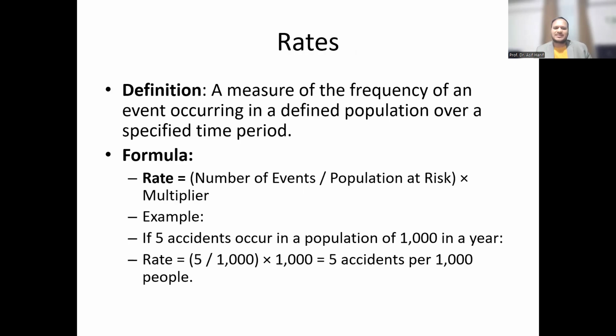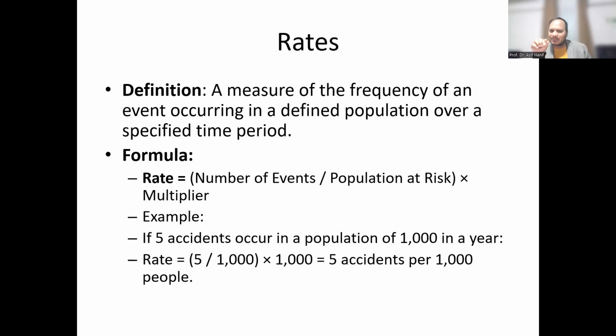The definition of rate is a measure of the frequency of an event occurring in a defined population over a specific period of time. So remember, it's a frequency of an event occurring in a defined population over a specific period of time. Here the time is involved. In proportion, time was not involved.